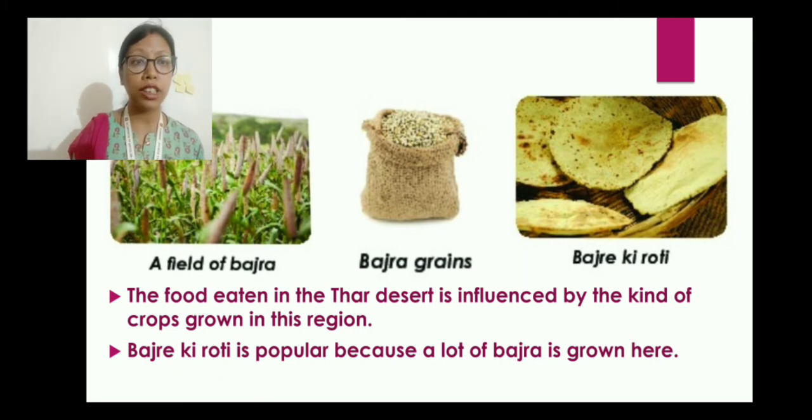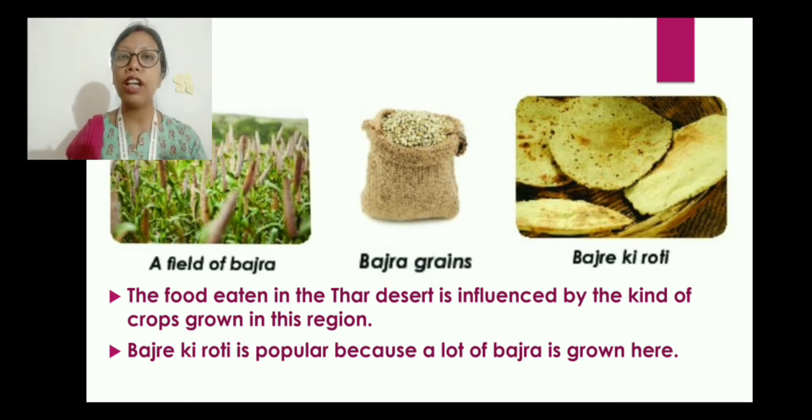We have a monsoon season as well, but Rajasthan does not receive any rainfall. Therefore, they will eat only those kinds of food which they can grow there. For example, bajra ki roti, because bajra is grown in a huge quantity there. So bajra ki roti is a very famous thing that you are going to eat when you visit Rajasthan.